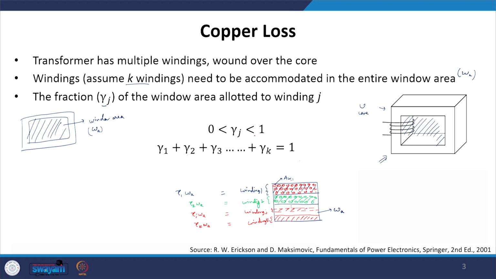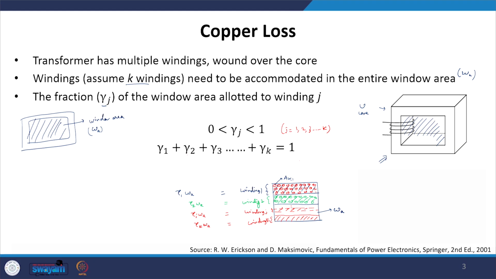At the same time, we cannot make gamma equal to 1, because the moment gamma equals 1, we are allotting the entire window area to that particular winding, and that shows that we do not have any other winding in the transformer, and generally we have at least 2 windings in our transformer. So the gamma value has to vary between 0 and 1. Now this j can be written for winding number 1, 2, 3, and so on going up to k. So this is what we have understood.